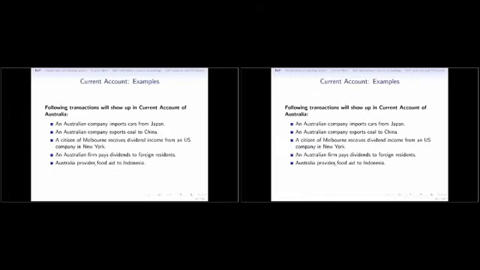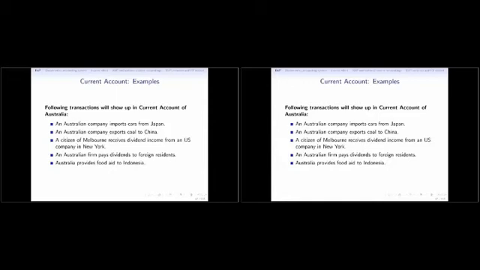Australia provides food aid to Indonesia. All of this, right? They are part of what we call the current account transactions. So as you can see, they don't have financial assets, money involved. We are talking very much about the nature of the transactions, right?